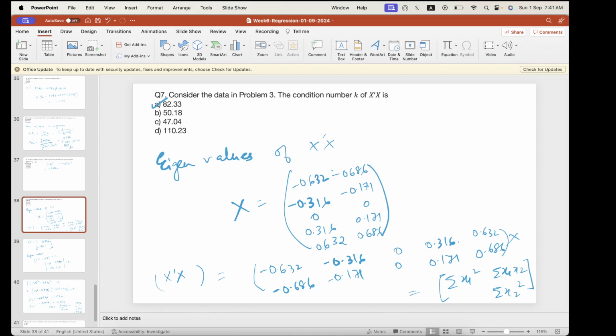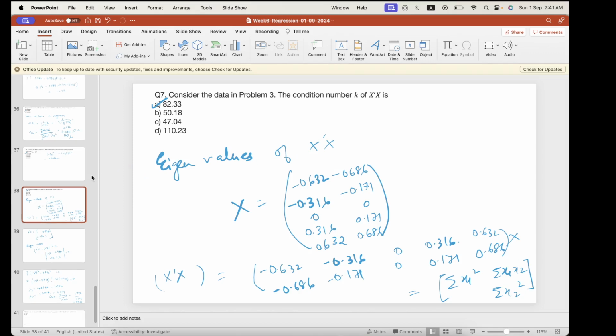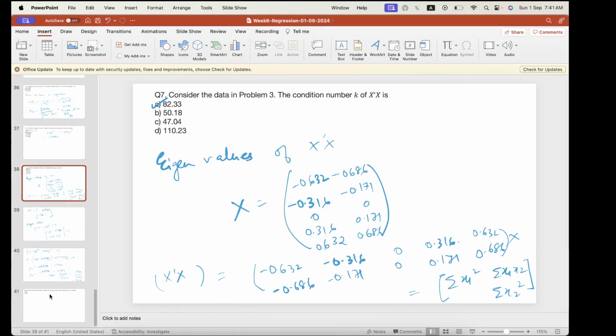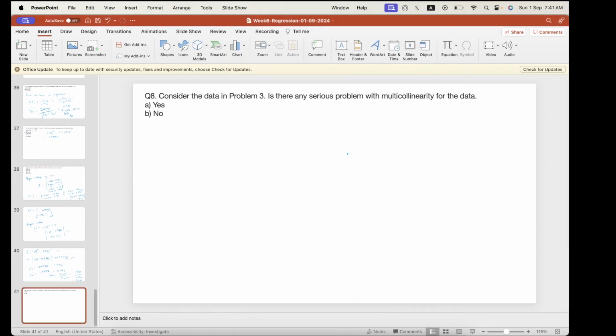All right, now moving on. So consider the data in problem 3. Is there any serious problem with multicollinearity? So now, since the condition number is less than 100, we can say that there is no serious problem. And the option is B.